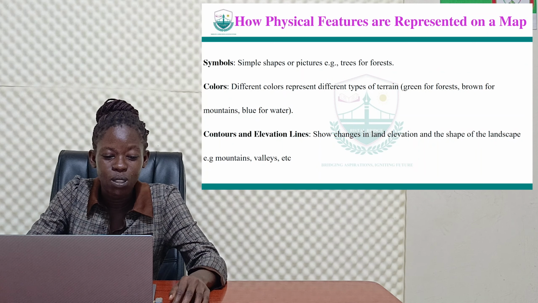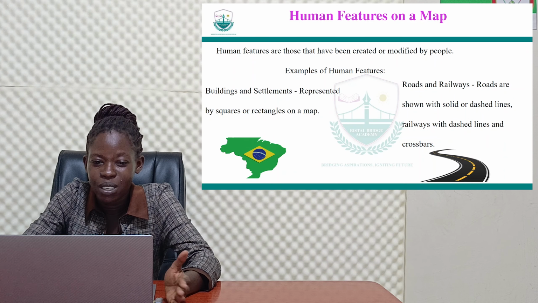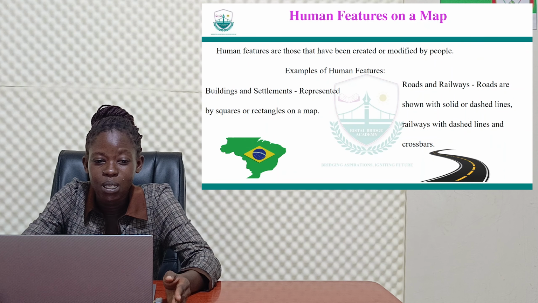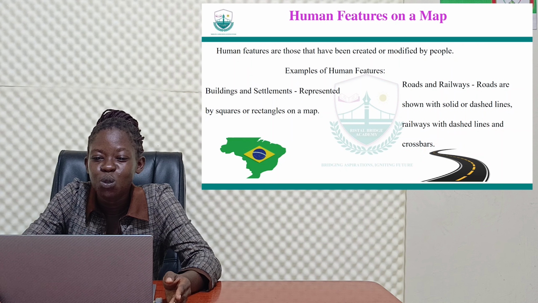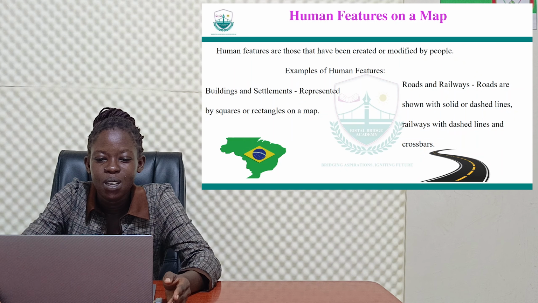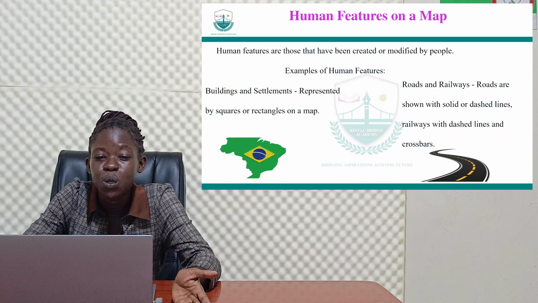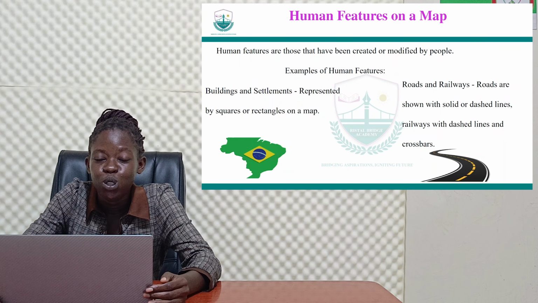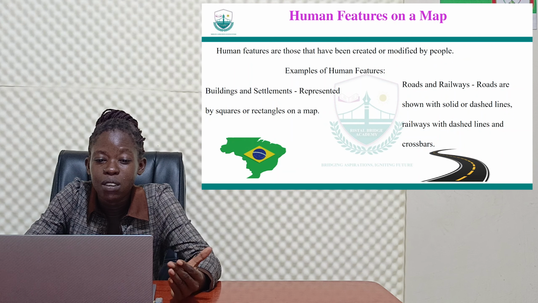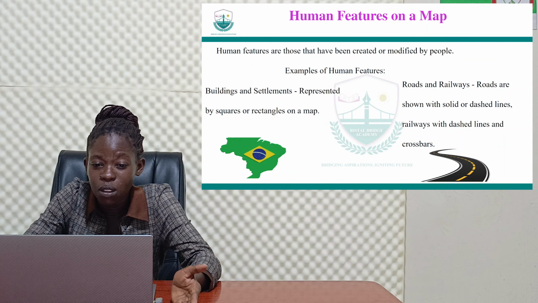Okay. So having understood that, let's have a look into the human features on a map. Human features are features that are created or modified by people. When it comes to human features, there is nothing to do with nature.